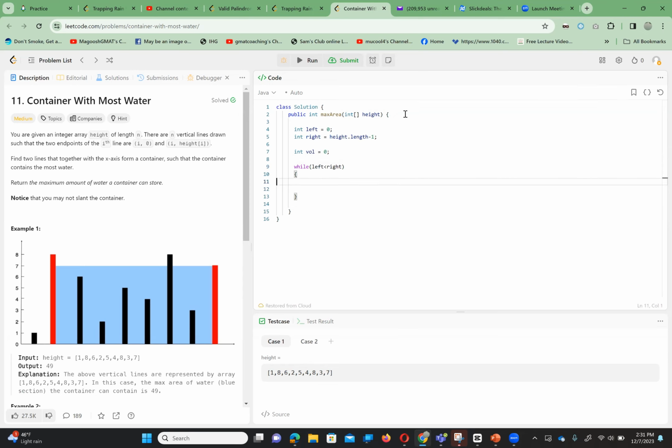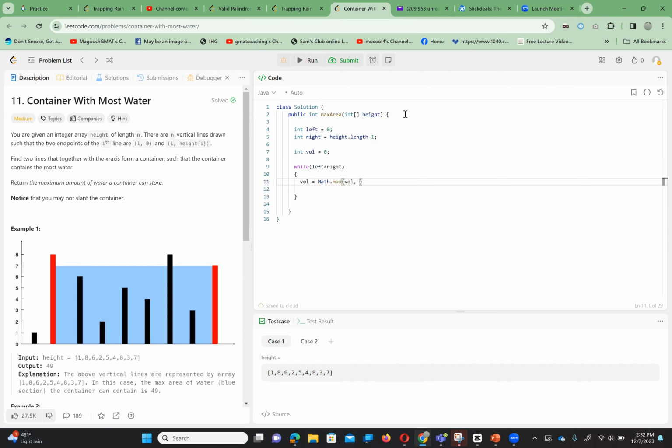And once we have the left pointer and right pointer, what we can do is calculate the new volume. So we'll take the maximum of the previous volume and the new volume.